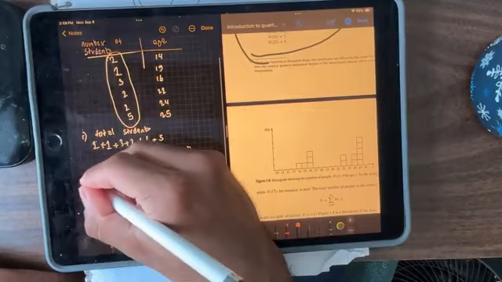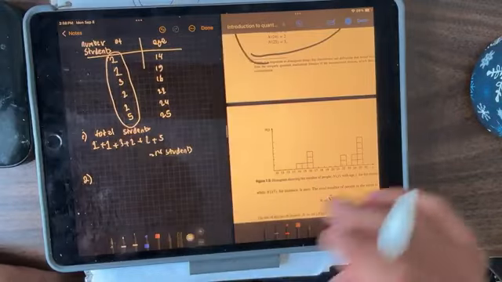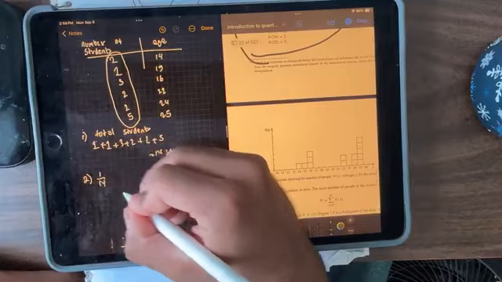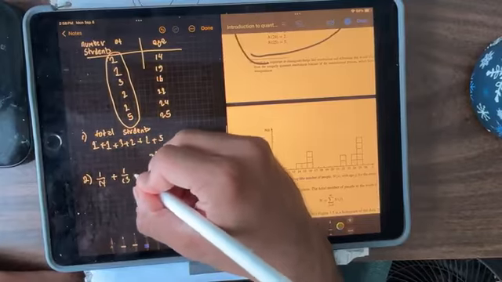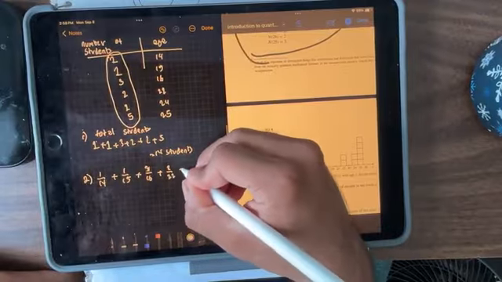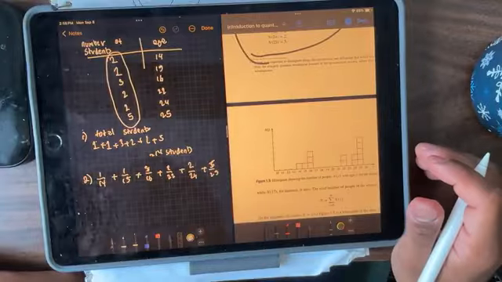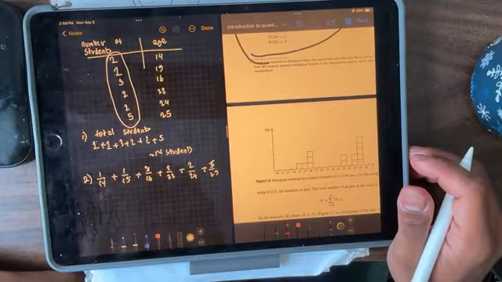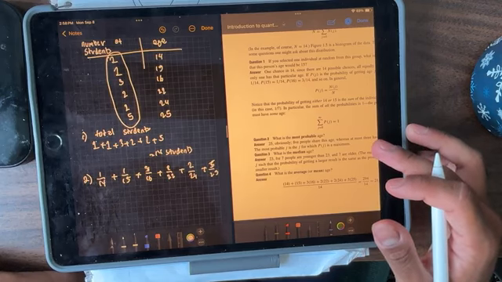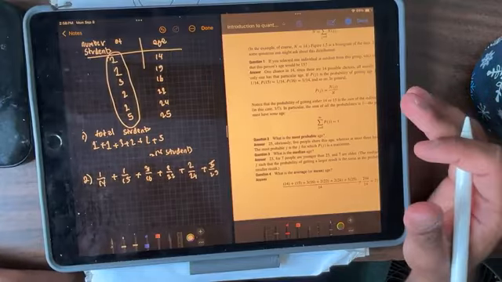Then you have the probability that a student will be aged 14, and so on. Don't do any simplification.